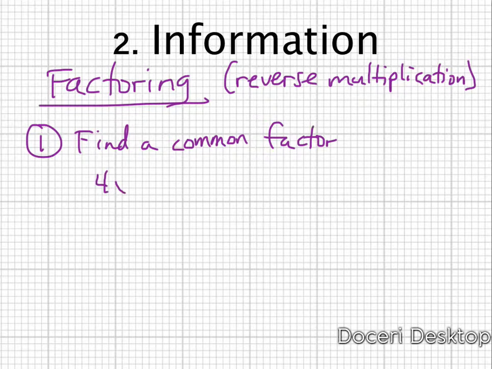If I have 4x cubed plus 12x squared minus 8x, I want to find the number and the variable, or the letter, that goes into all three terms. So however many of each letter and however many of each number I have, that's my common factor. So first, we're going to look at 4x cubed.